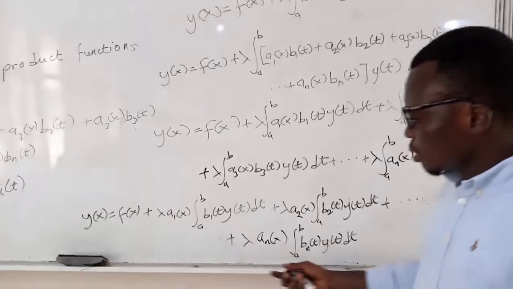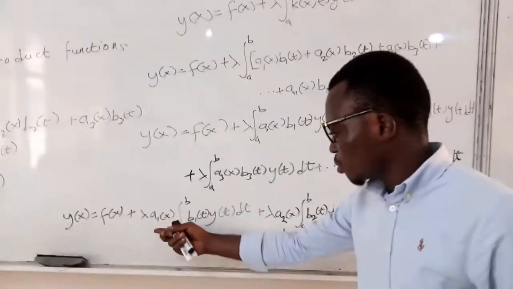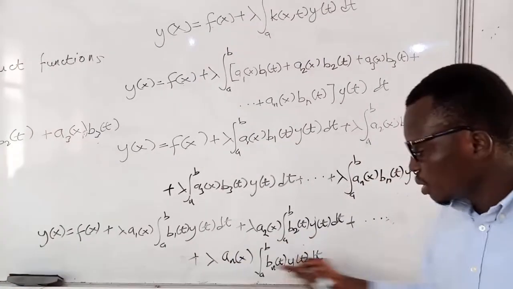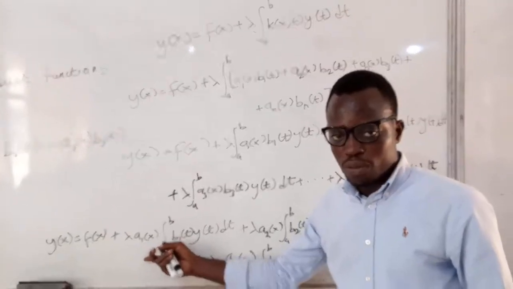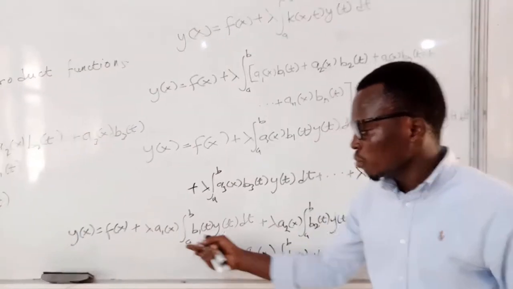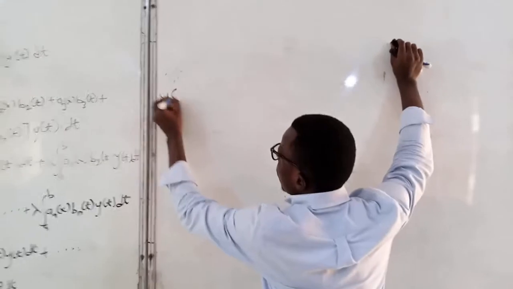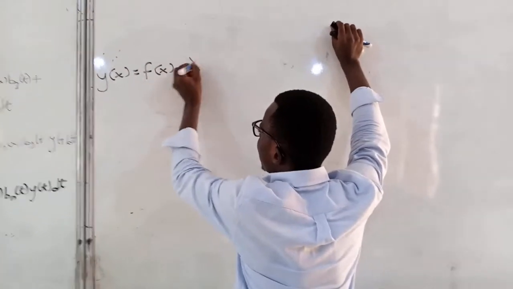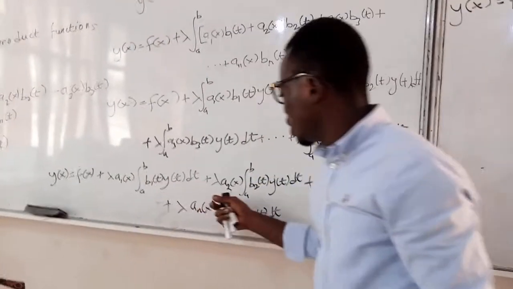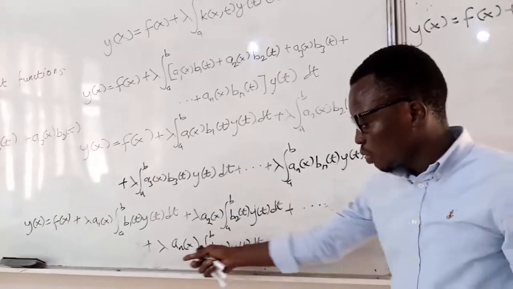Now let's write this term 1, 2, 3 in a combined form, in a series form, in a summation form. So y of s becomes y of s equal to f of s plus lambda. And lambda is here. Then you can see a1, a2, a3 up to an.